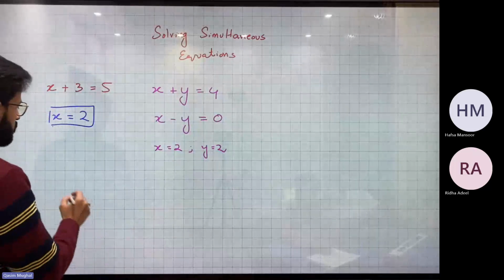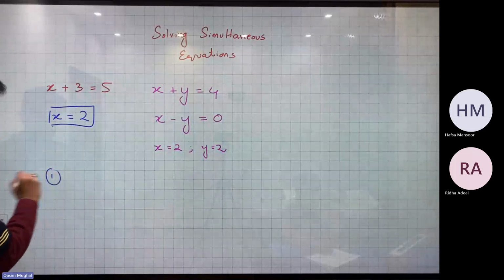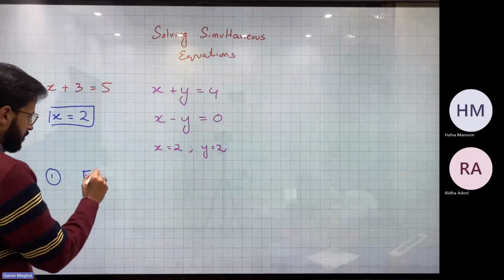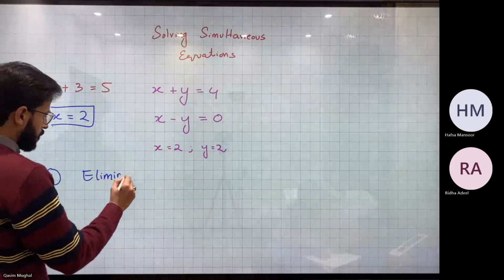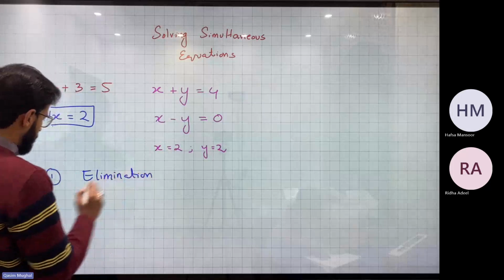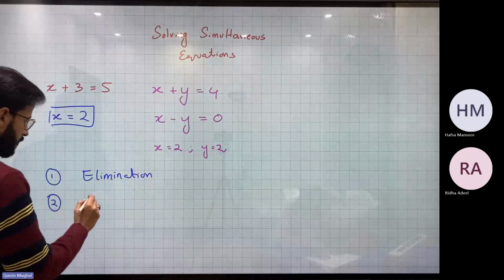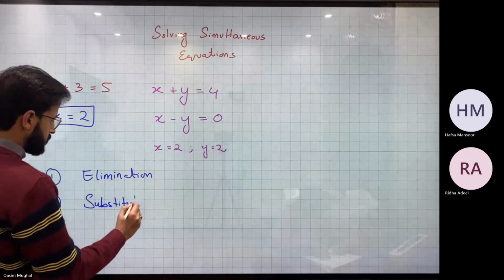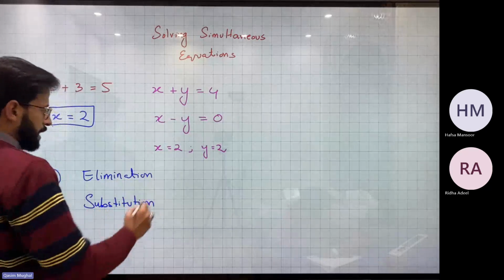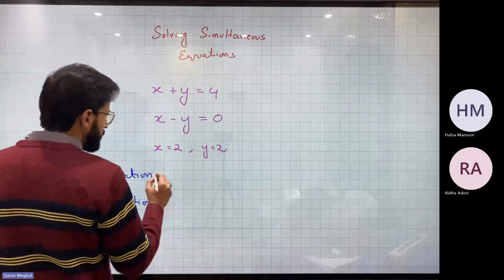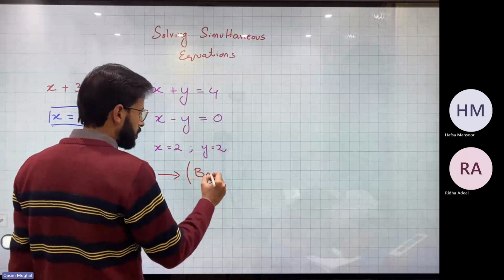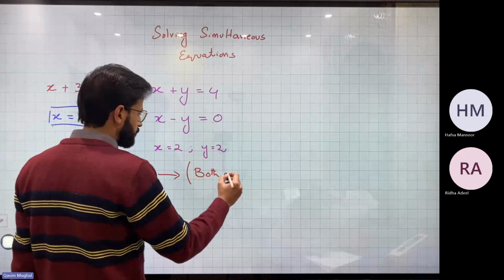Now, there are two main processes in order to solve any two equations simultaneously. One is elimination, and the other one is substitution. Elimination is mainly used when both the equations are linear.